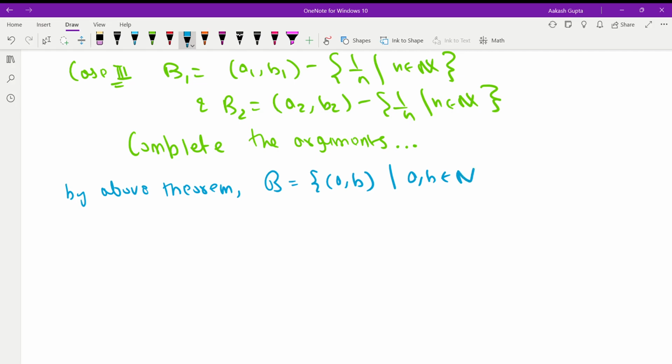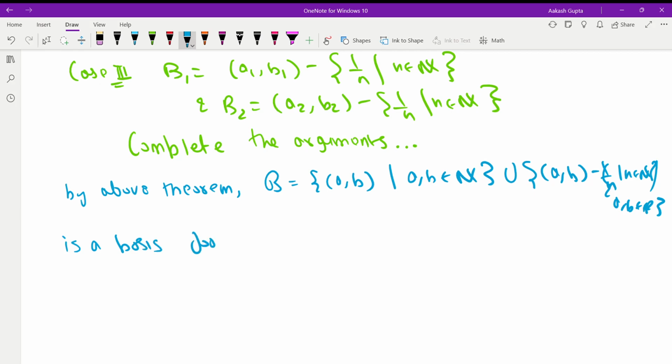The open intervals and the open intervals minus that set {1/n : n in N}, with A, B in R, is a basis for some topology on R. Now, if you know the basis, you know the topology.